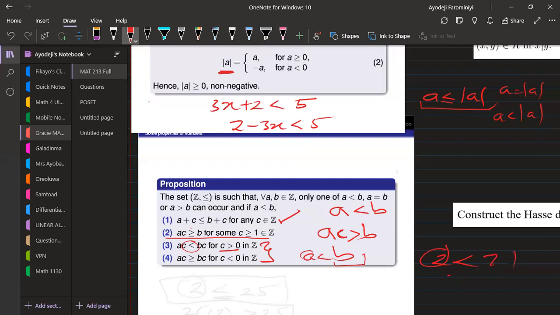The least of the C's you can use is 36. 2 times 36 is greater than 71. So 36 is the least of that C. For this to be true, the C must be a positive C.